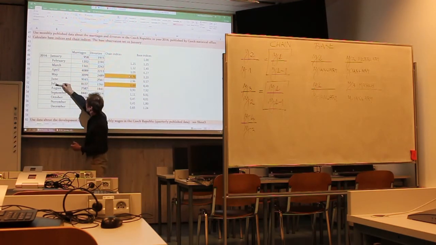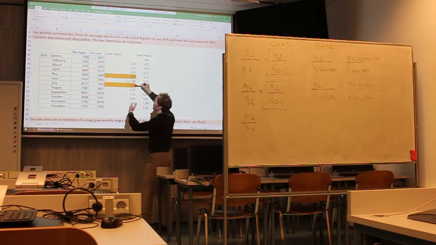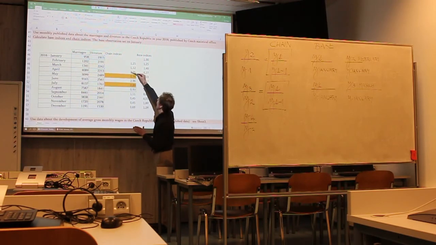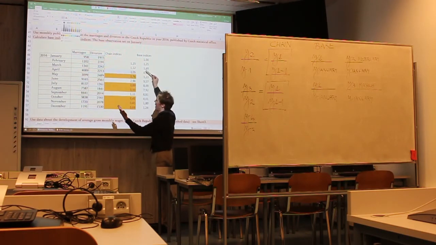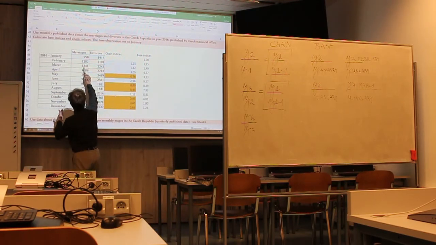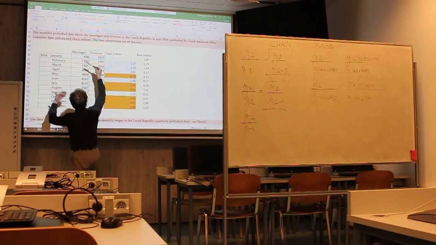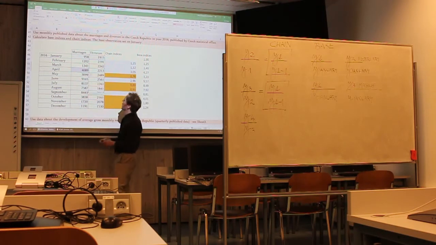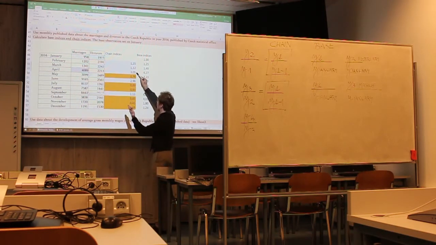Between June and July, the number of marriages decreased by 11%, etc., etc. This is complicated because 3.05 means an increase of 205%, and this is an outlying value, because you can see an increase from 1,341 to the value 4,089.